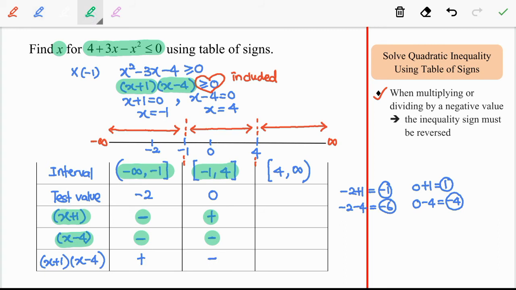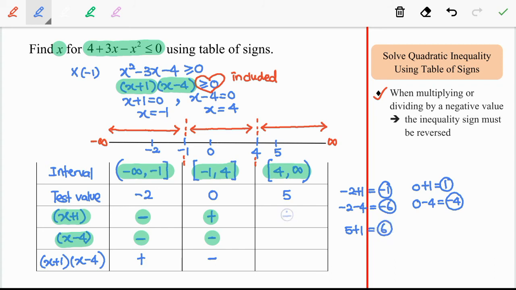Next, for the last interval, 4 to infinity. So now choose any number in this interval. For example, we choose 5. So now the test value is 5. Substitute 5 into factor x plus 1. So we have 5 plus 1 gives us 6. So this is a positive value.